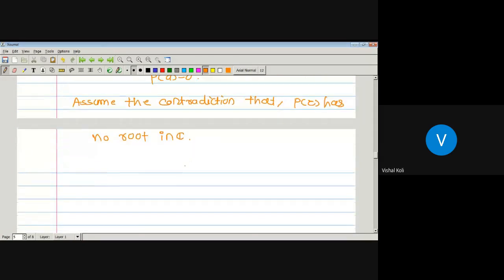No root means P of Z is not equal to 0 for any Z belonging to C, that is, for all Z belonging to the complex numbers.